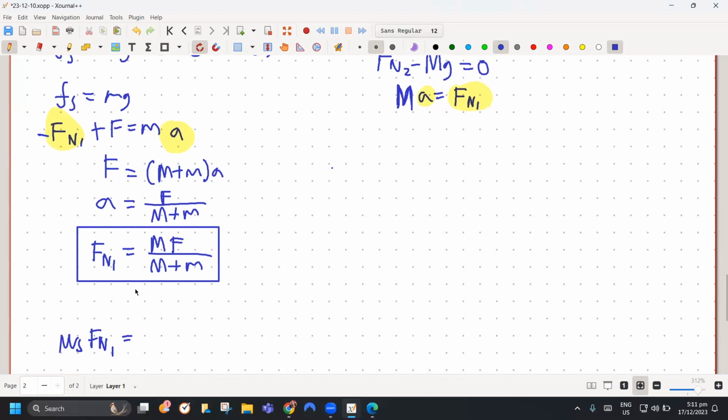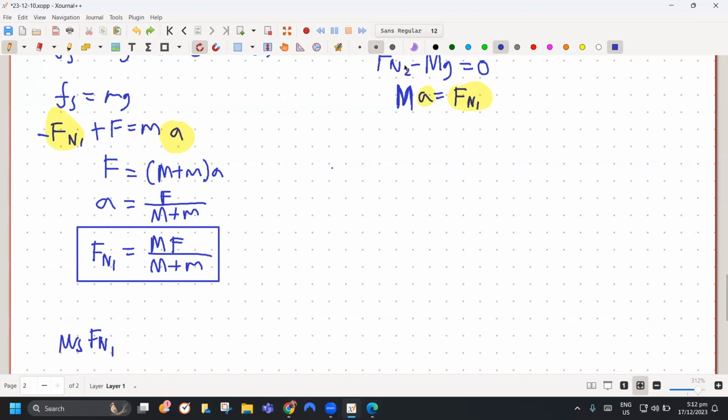Dapat that is going to be greater than or equal to mg. Kung dapat hindi pala, dapat equal. Dapat ano ba nga? Dapat less than.